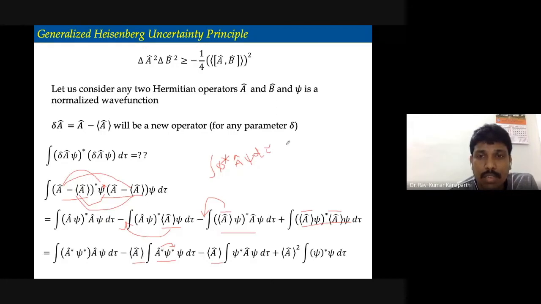If A is said to be Hermitian, for any two acceptable wave functions phi and psi, this relation must be satisfied. What is this? Integral phi star A psi d tau must be integral psi star A phi d tau.